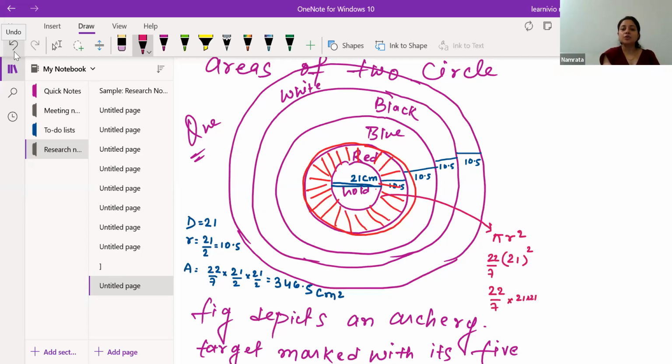Once you do it, 7 goes 3 times into 21. Now you have to do the multiplication of 22 into 3 into 21. Let me do it with the calculator, otherwise we will not be able to finish this complete question. Okay, so we are getting here 1386. Again, I am saying centimeter square.